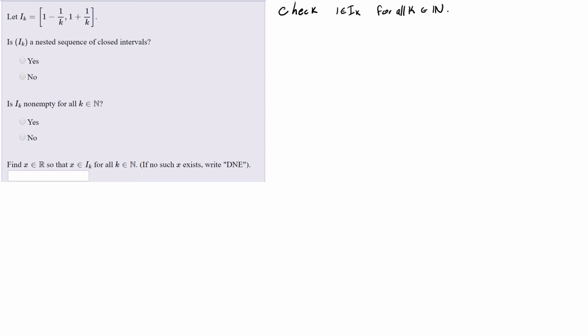Okay, so we need to check that 1 is in all of these intervals, and so let's start from some inequalities that we know. We know since k is a natural number that 0 is less than k, and that tells us that 0 is less than 1 over k. And from this, we see that negative 1 over k is less than 0, is less than 1 over k, and we can just add 1 everywhere in these inequalities.